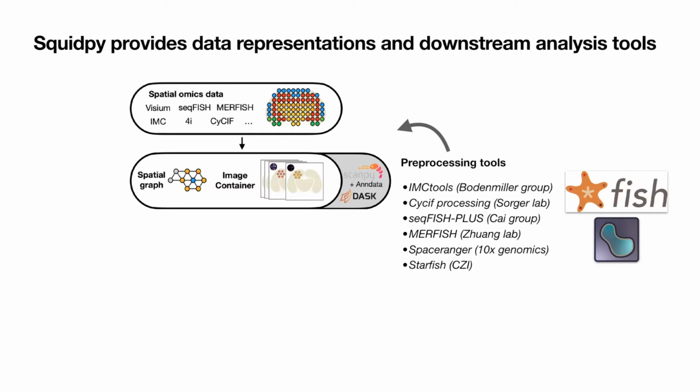This relates the individual observations that you have to each other. And we also provide something called the image container, which is a representation for the high resolution tissue images that you may also obtain together with your spatial data. This gives you the added advantage of adding more information to your analysis.